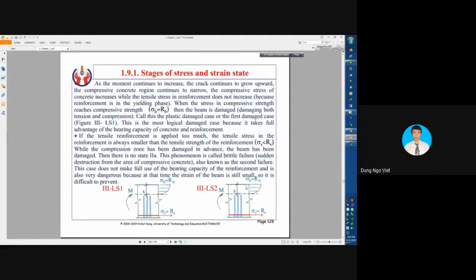This phenomenon is called brittle failure, a sudden destruction from the area of compressed concrete, also known as the second failure. This case does not make full use of the bearing capacity of the reinforcement because the stress never reaches the strength value. It is also very dangerous because at that time the deformation of the beam is still small and it's difficult to prevent.